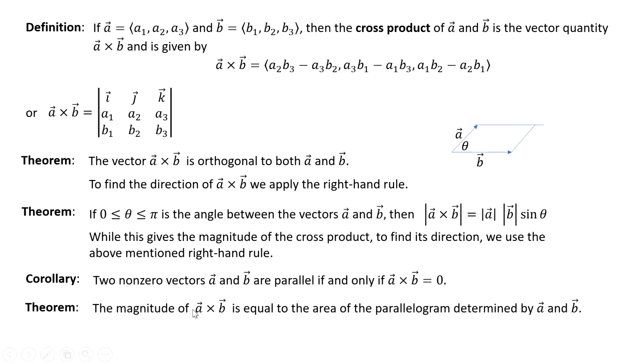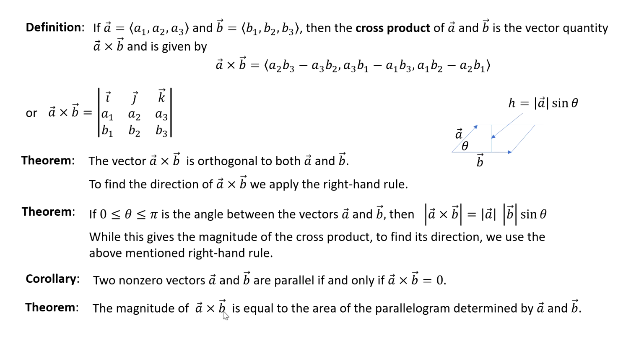So the claim here is that the area of this parallelogram would be the magnitude of A cross B. Ain't that interesting? Okay, so let's see why that is true.